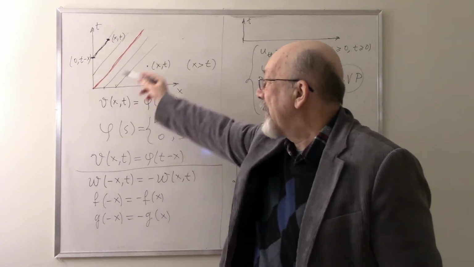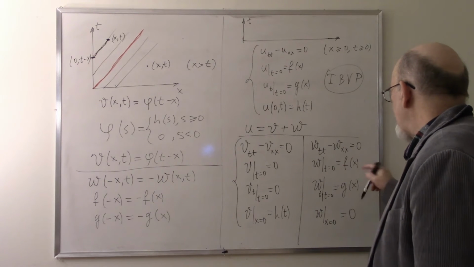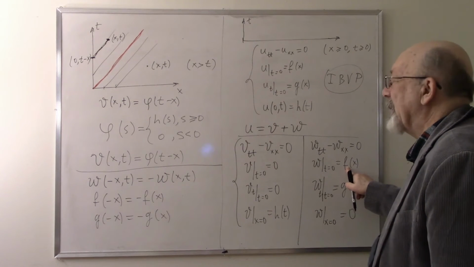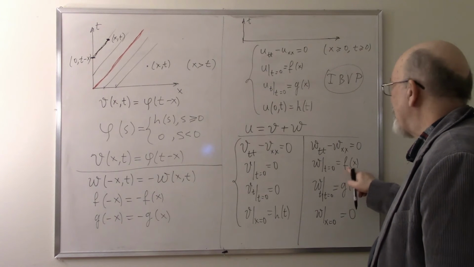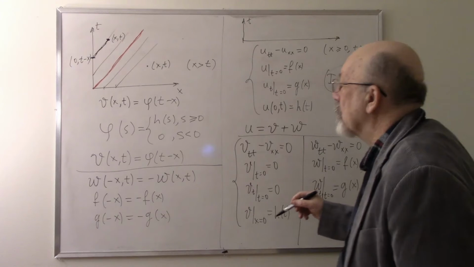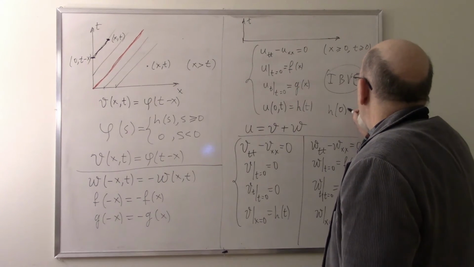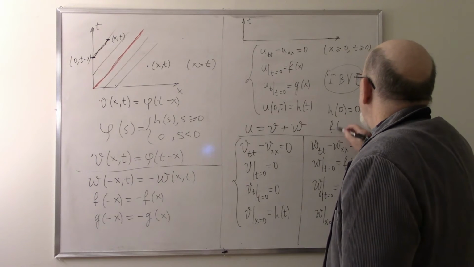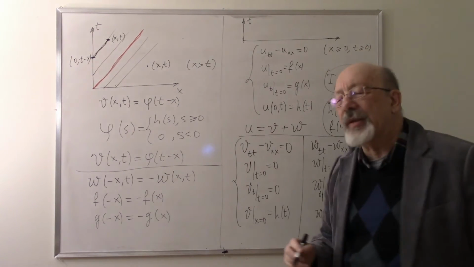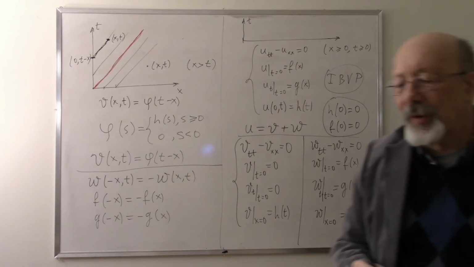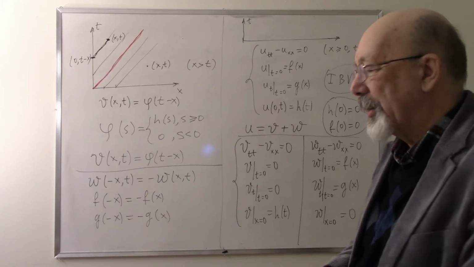Now, to make all this consistent and to avoid a discontinuity again on the diagonal, we need h of 0 is 0 and f of 0 is 0. These are consistency conditions so that our solution is at least continuous.